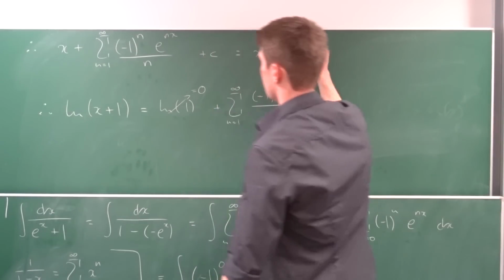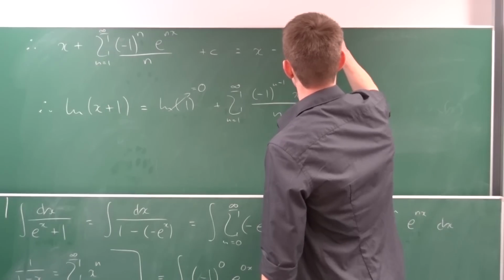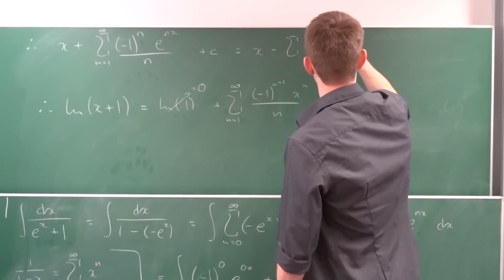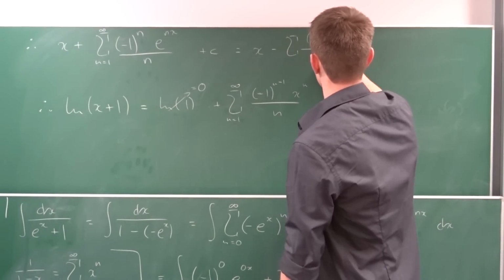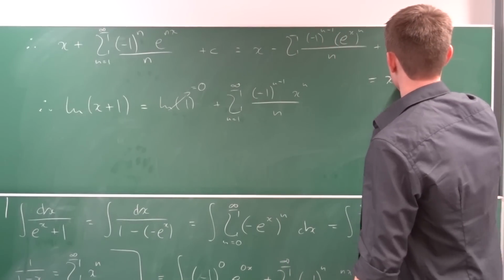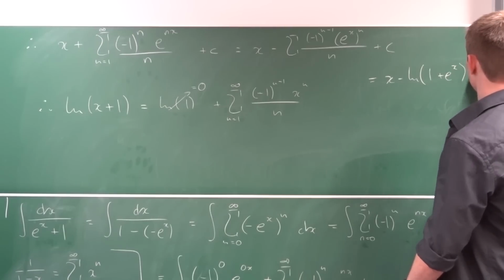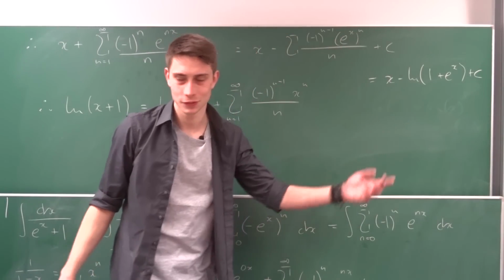This is x minus the infinite sum of minus 1 to the n minus 1th power, e to the x to the nth power, over n plus c, and all in all this is just x minus the natural log of 1 plus e to the x plus c. And we know that this is true.